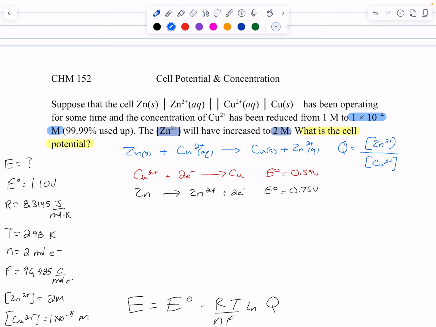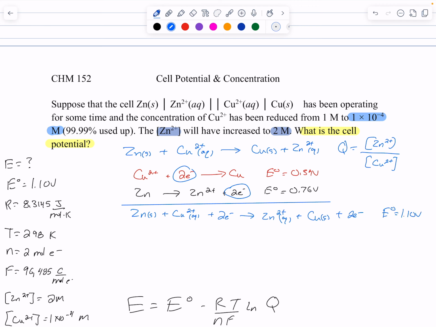Then you would add them up to get Zn solid plus Cu 2+, making sure the electrons work, and get your cell potential.